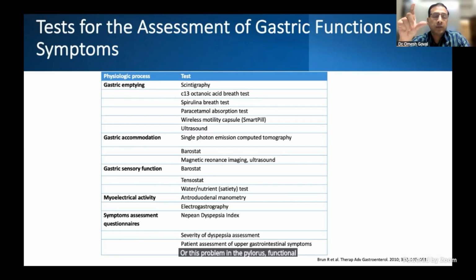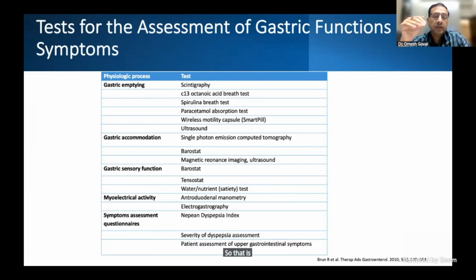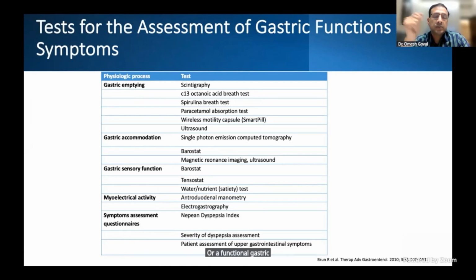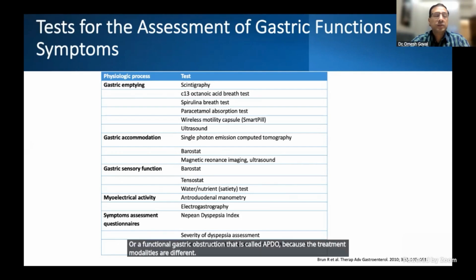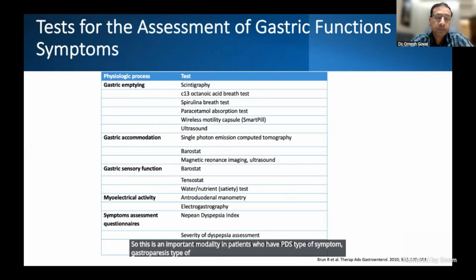The pylorus is otherwise normal on endoscopy, but it is not relaxing. We get to know that by electrogastrography. When we get this test done, we can differentiate between a weak stomach and a functional gastric obstruction, called APDO, because the treatment modalities are different. So this is an important modality in patients who have PDS type of symptoms, gastroparesis type of symptoms.